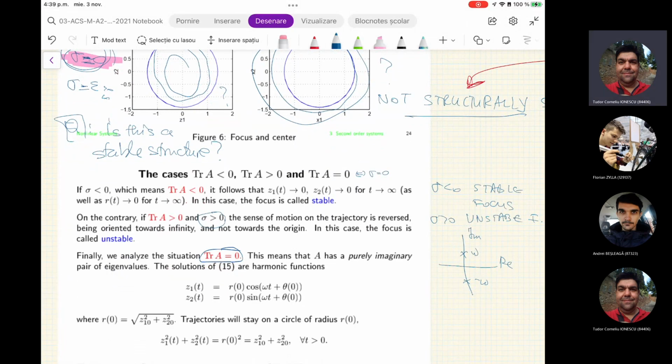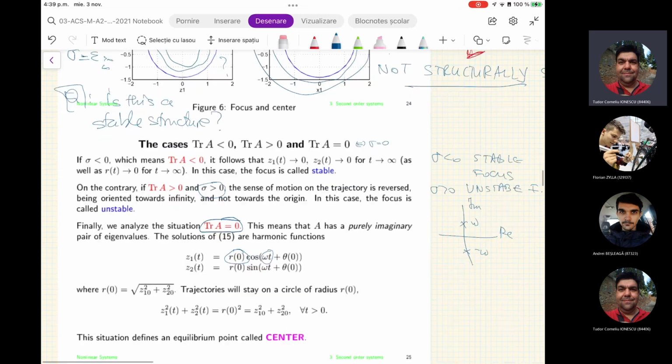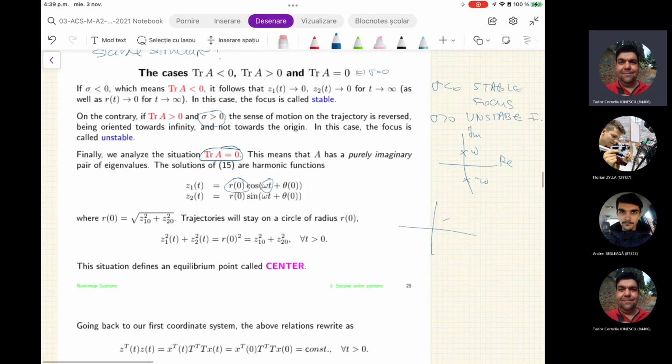Now, in this case, there is no damping, no amplification. Hence, it's constant. r0 is constant. The only one that's changing is the omega t. The omega t implies that you have a constantly rotating phasor. So you have this guy with a constant radius, and it's going to rotate on and on and on.